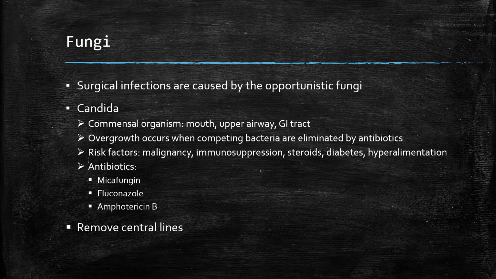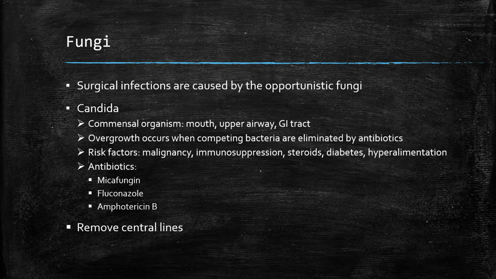On a surgical service, fungal infections are caused by the opportunistic fungi, with Candida being the most common pathogen by far. Candida is part of our normal flora and is found in the mouth, upper airway, and GI tract. Candida overgrowth occurs when competing bacteria are eliminated by broad-spectrum antibiotic use.